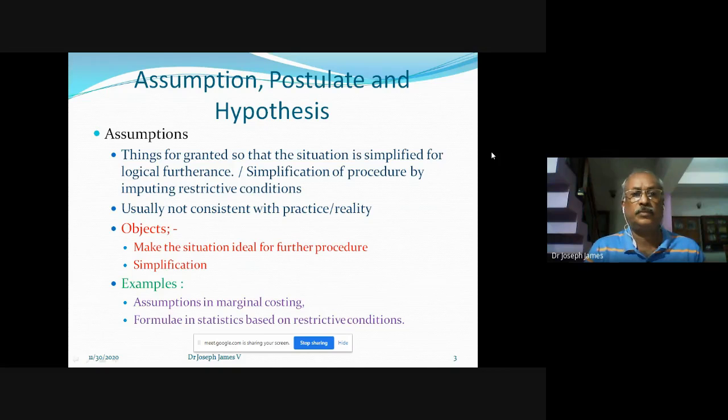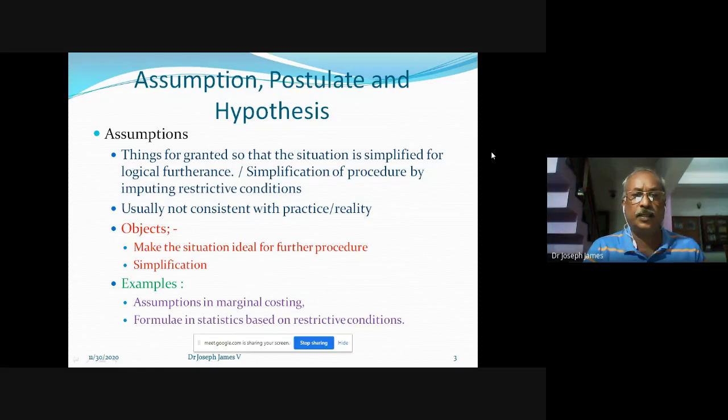Assumption is simply things taken for granted so that we can simplify a particular situation, or we can make an approach towards a problem. Otherwise, the problem remains complicated and we cannot even make an attempt to solve the problem. And usually, it may not be consistent with the practice, or it may be usually unrealistic.